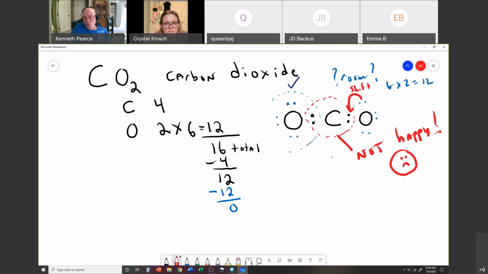We're going to shift in to bonding. Okay, we're going to shift into bonding. So this pair right here is going to shift in. I'm going to draw it a second time just to show what's going on here. I just shifted those guys in.